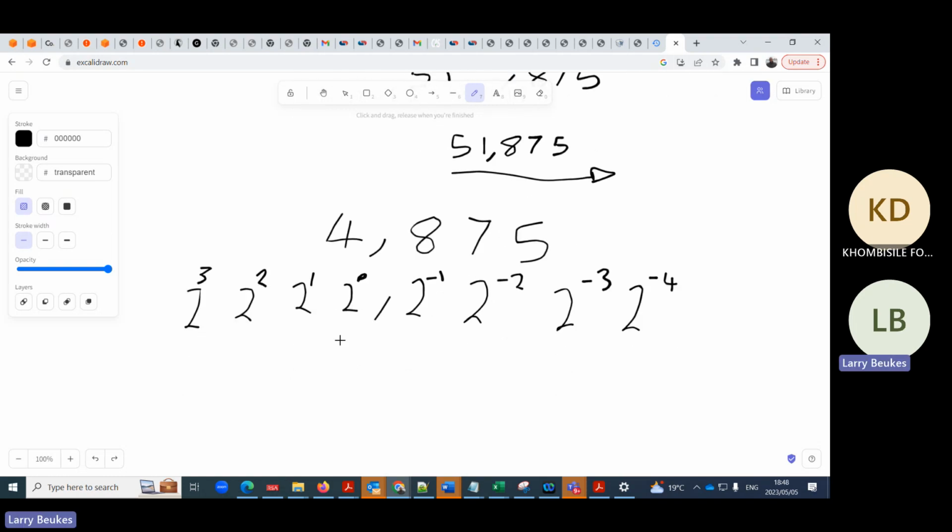We know 2 to the power 0 is a 1, 2 to the power 1 is 2, 2 to the power 2 is 4, 2 to the power 3 is 8. So we don't need this 8 anyway.